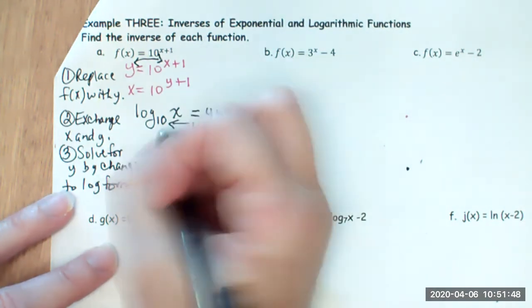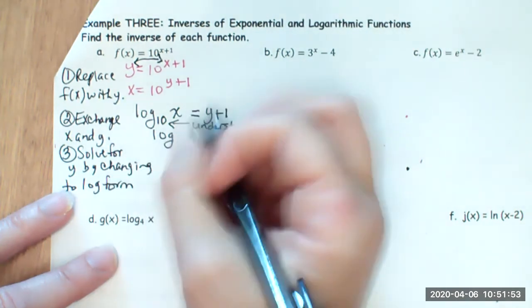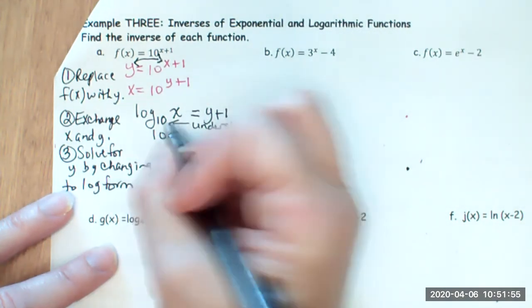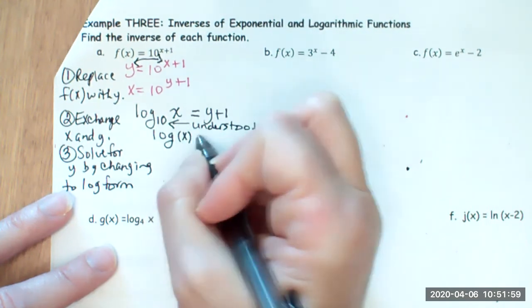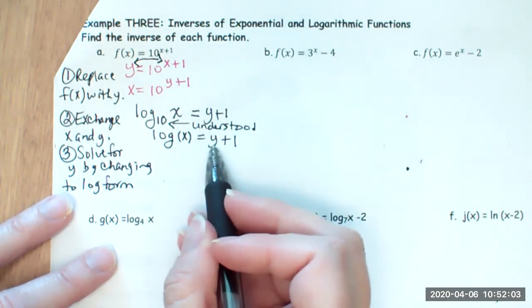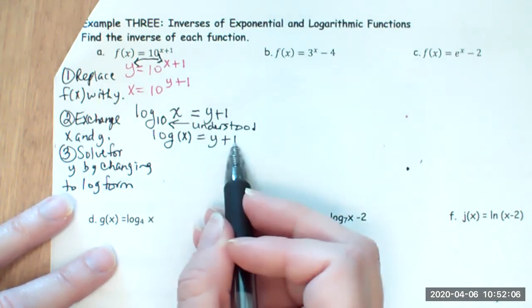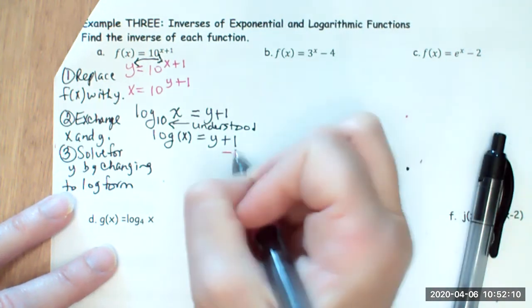And when you rewrite that, I'm going to put parentheses around the x. In addition to making that 10 go away because it's understood, I'm going to put parentheses around the x. And the reason for that is because I see that I haven't yet isolated y. And to get y by itself, I need to subtract 1. Okay? So we'll go ahead and subtract 1.